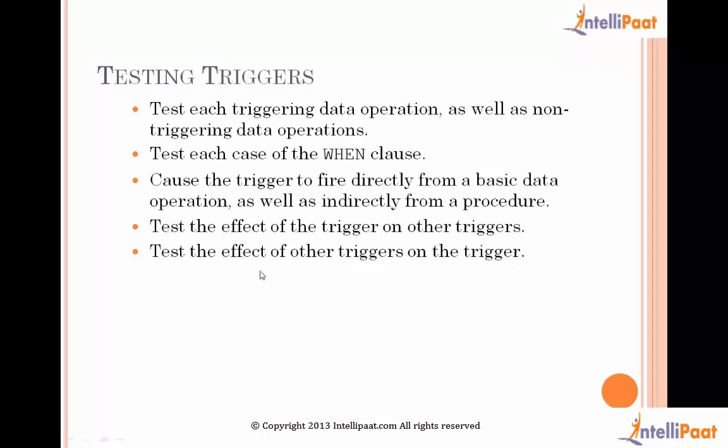Test the effect of other trigger on the trigger. So what happens? You can create multiple triggers, one for insert on employee, one for update on employee, and see that for the insert only one trigger should fire, not both. For the update only one trigger should fire, right?